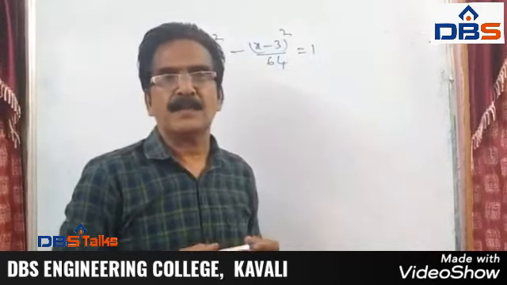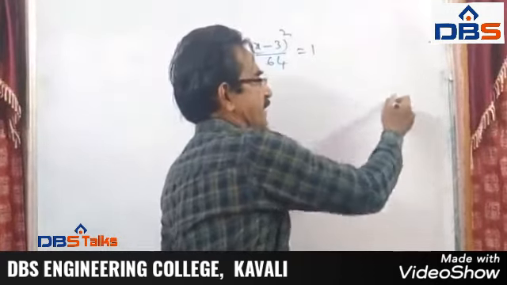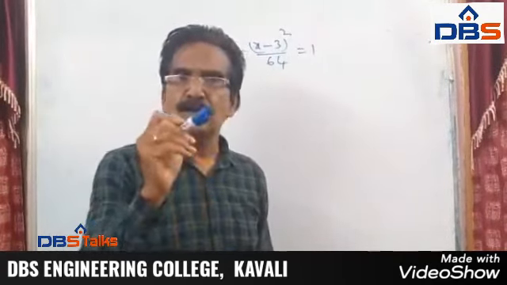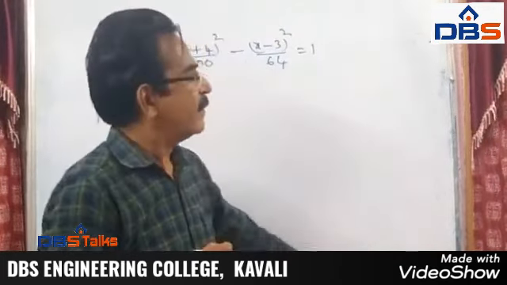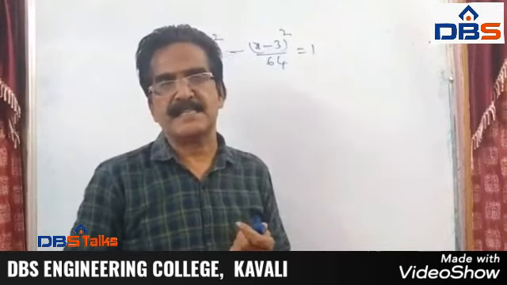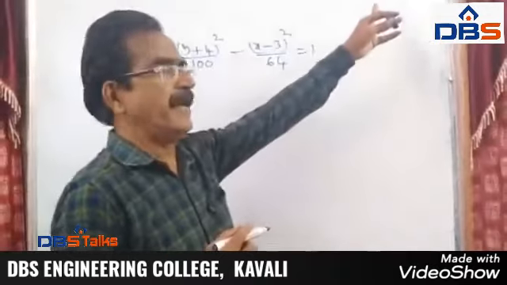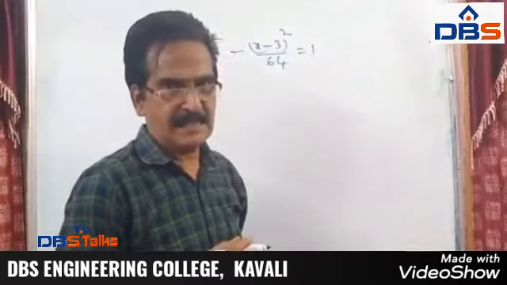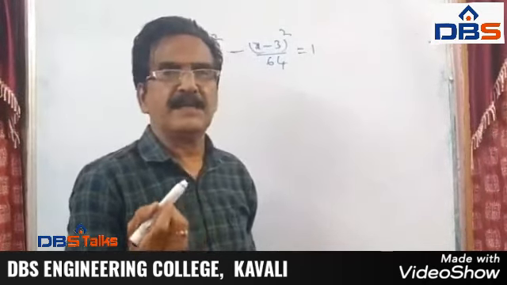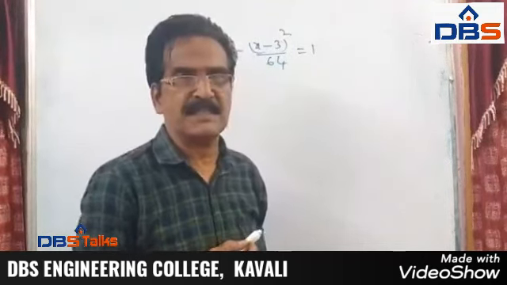In this form, we get a vertical hyperbola whose transverse axis is parallel to the y-axis. So when the transverse axis is parallel to the y-axis, we know the coordinates of vertices and co-vertices, foci and equations of asymptotes, all those things.